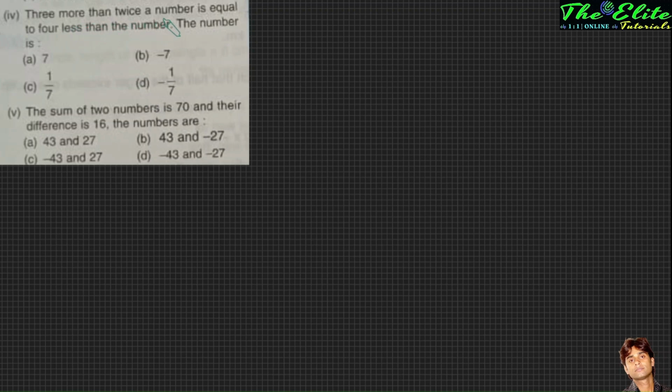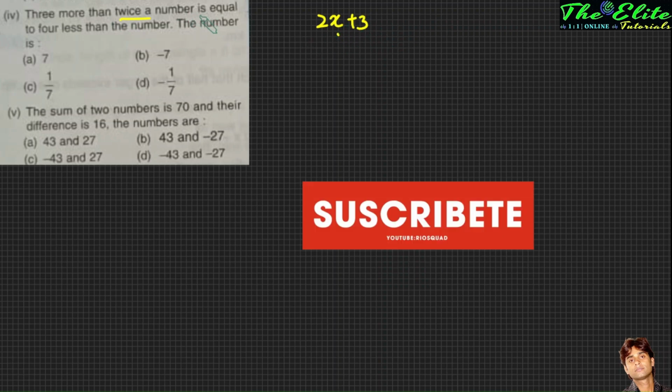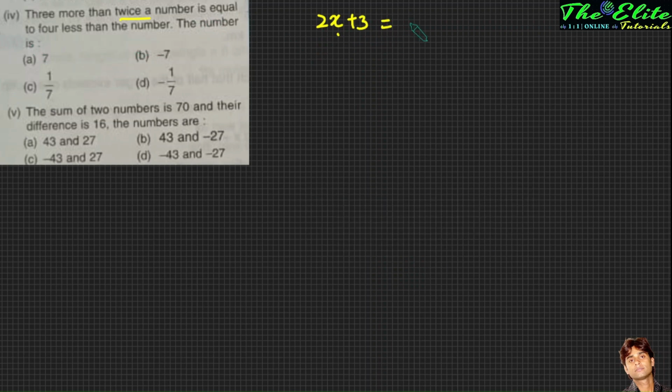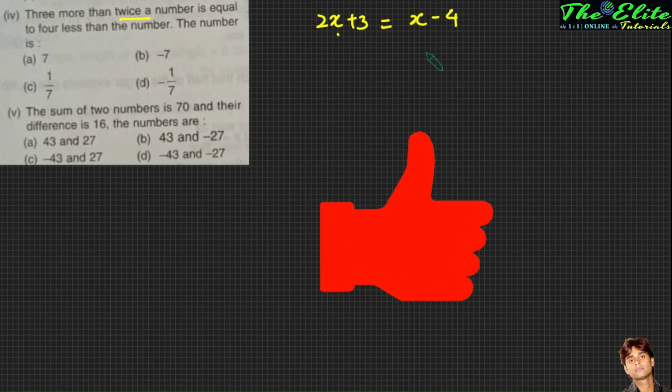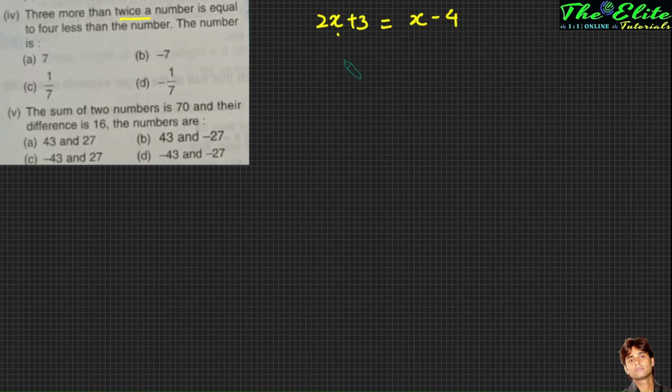Now, three more than twice a number. Let the number be x, then twice the number is 2 times x, and 3 more means you add 3. This is equal to 4 less than the number, that is x minus 4.